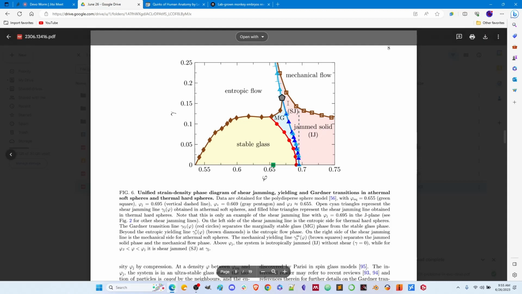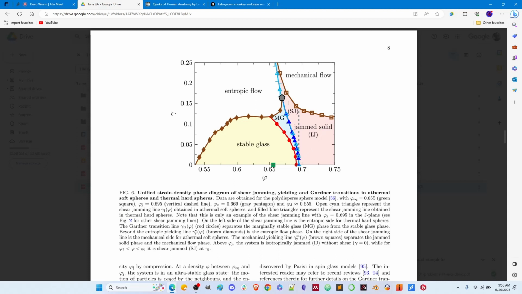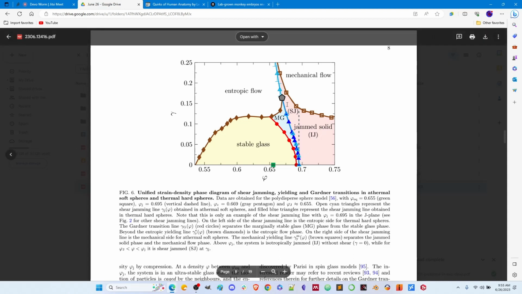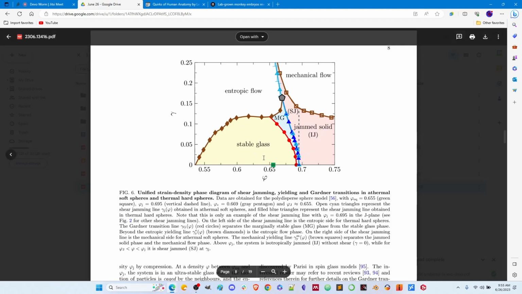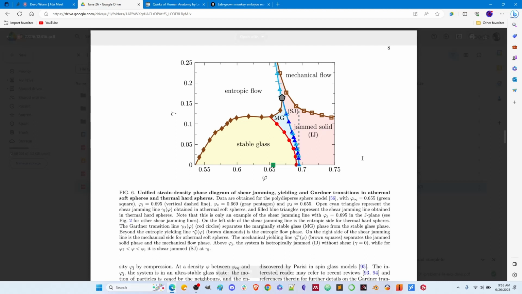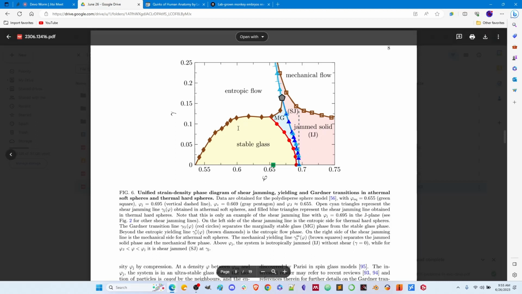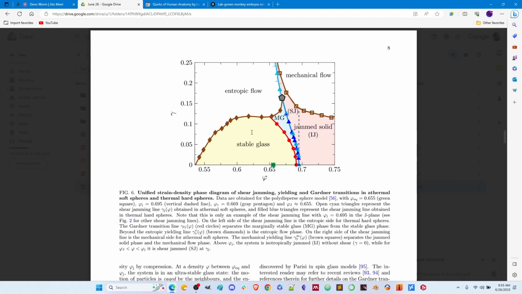So this is not a jam solid, this is shear jammed, this is a marginally stable glass, and this is stable glass. You can see there are these phase transitions, but sometimes you get transitional zones in between them. You hit a physical limit, and you go over into a new state.